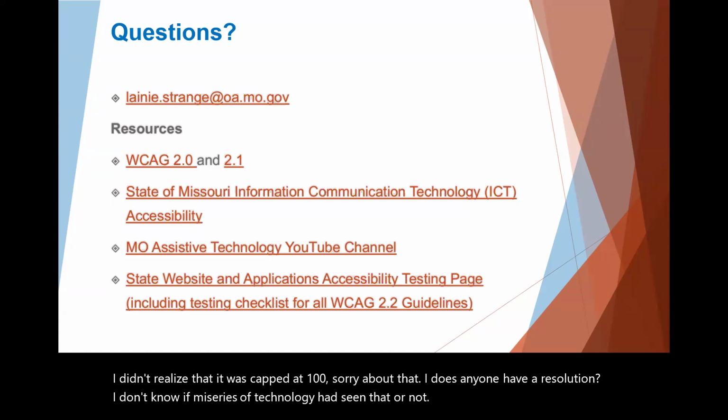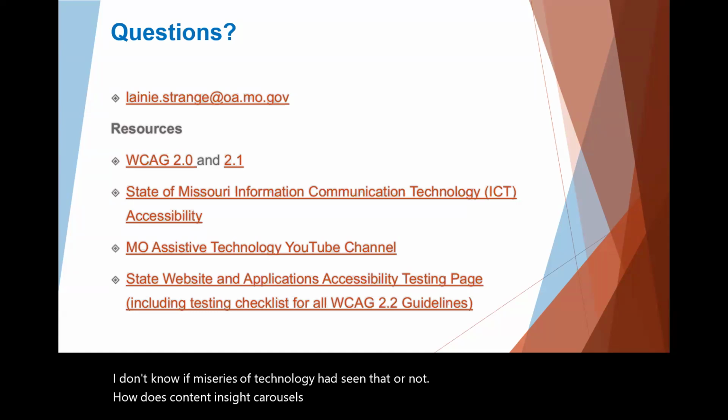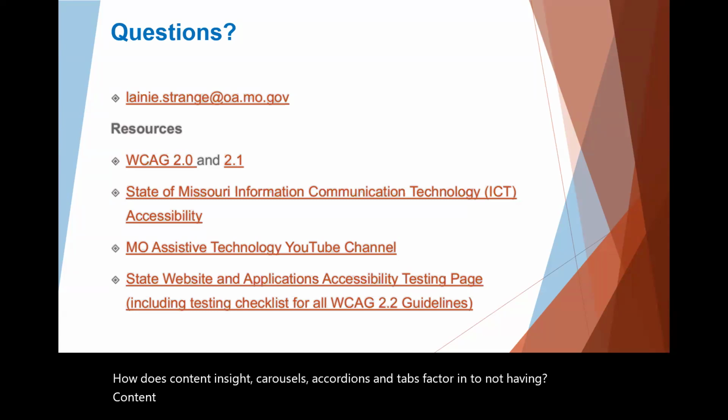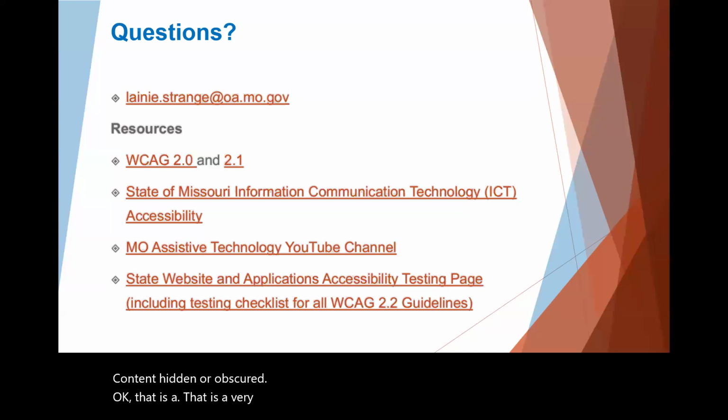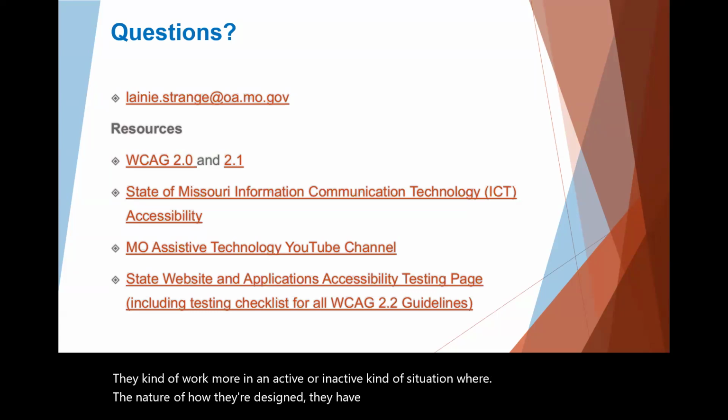How does content inside carousels, accordions, and tabs factor into not having content hidden or obscured? That is a very good question. Carousels, accordions, and tabs work more in an active or inactive kind of situation, where, by the nature of how they're designed, they have hidden states. That would be a different state.